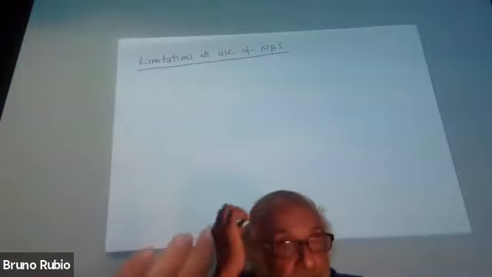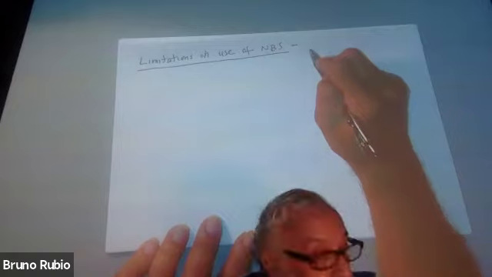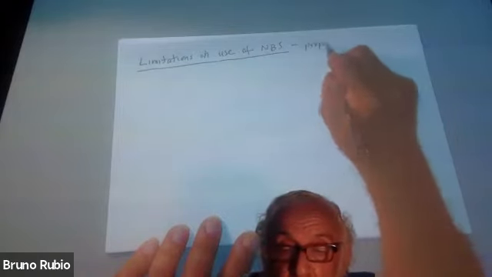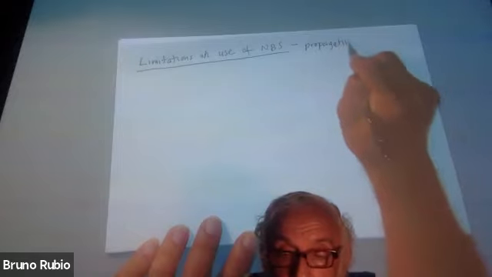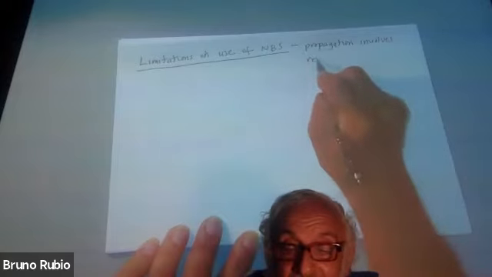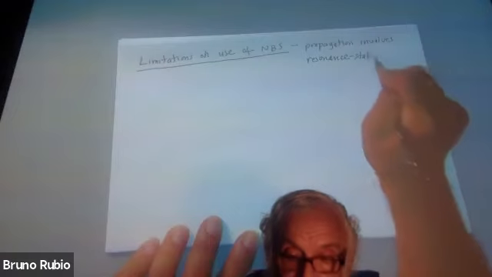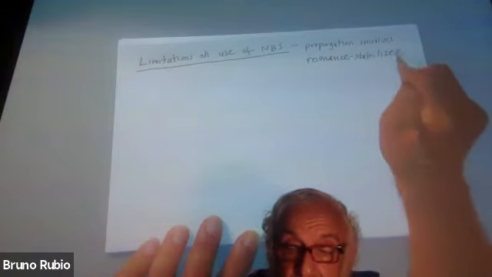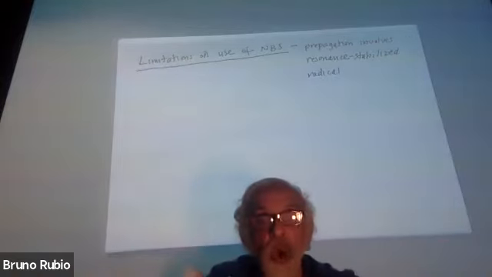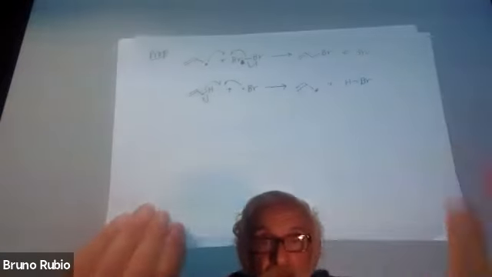Right, and that limitation arises because the propagation steps involve a resonance stabilized radical. And that causes no end of problems, believe it or not. Let's go back to these propagation steps.